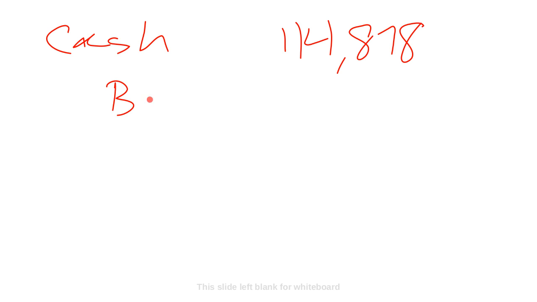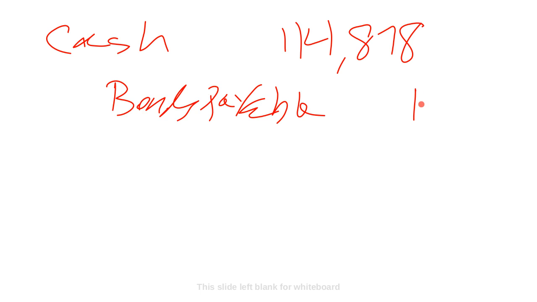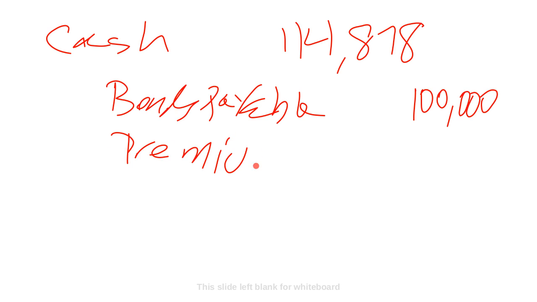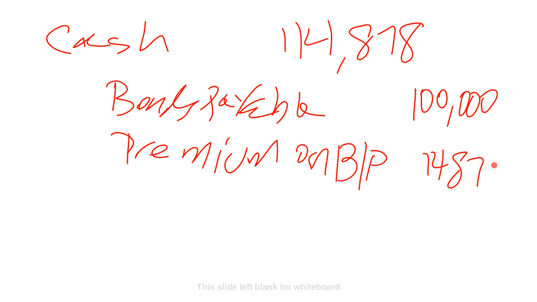So this company debits cash $114,878, credits bonds payable of $100,000, always at the face value of $100,000, and credits premium on bonds payable $14,878.